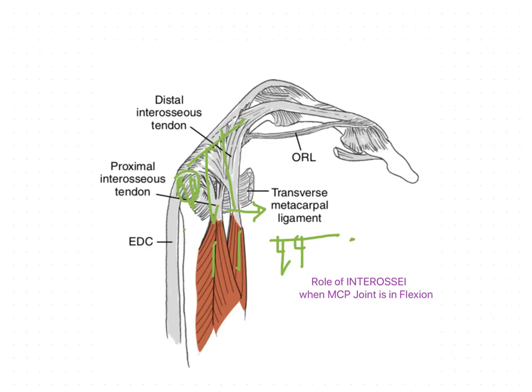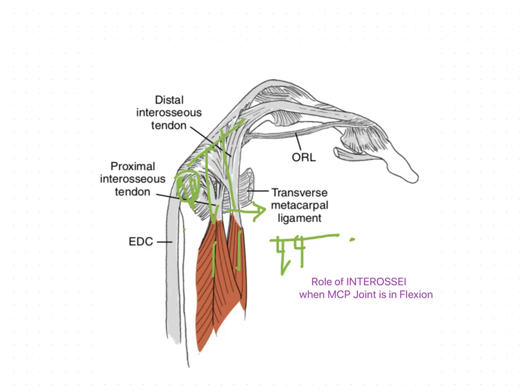It also helps in MCP flexion because the action lines are more perpendicular to the proximal phalanx during MCP flexion, whereas at the MCP joint, the ligaments, that is the collateral ligaments, and also the bony shapes of the carpals and the phalanges also restrict the deviation movements.